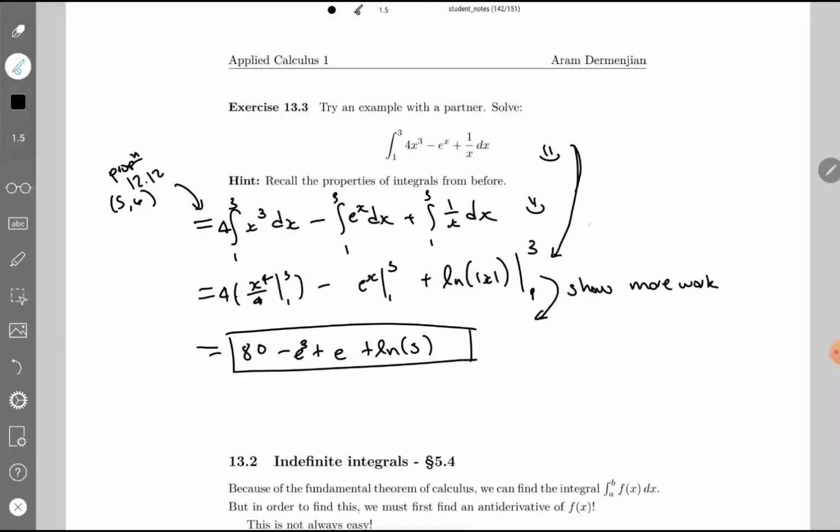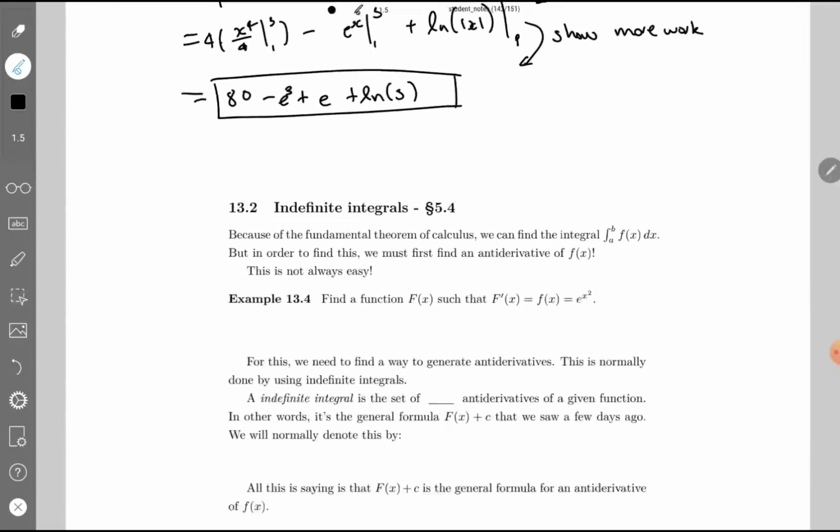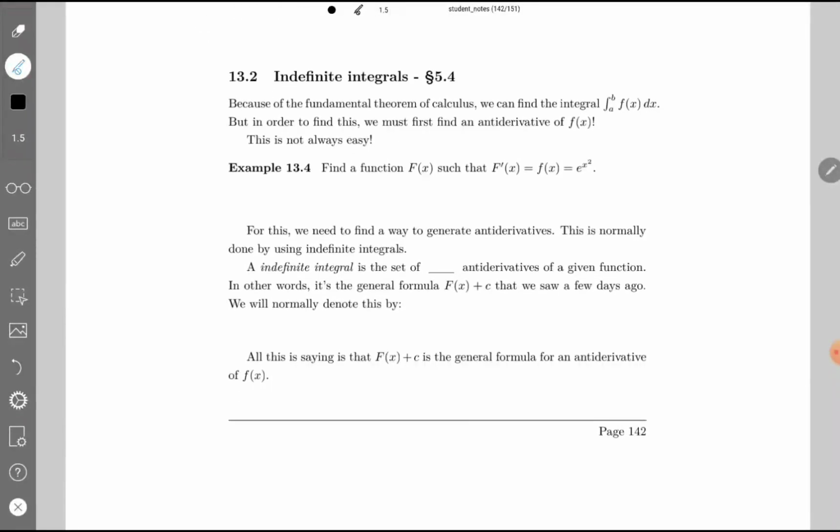I want to find some function where I just need to plug in. I want to make this faster. Is there a way to do that? This is what the question of indefinite integrals aims to solve. Indefinite integrals are one of the big things you'll be working on in the next semester, and that's how to find antiderivatives.